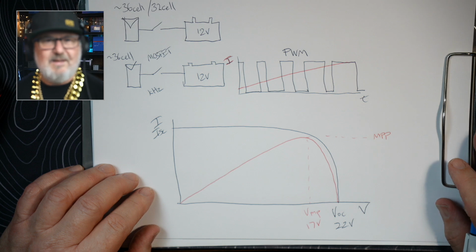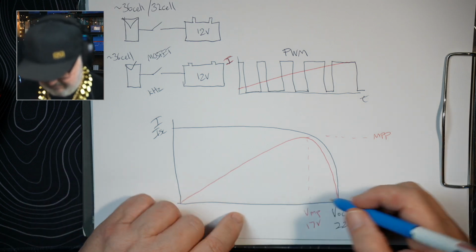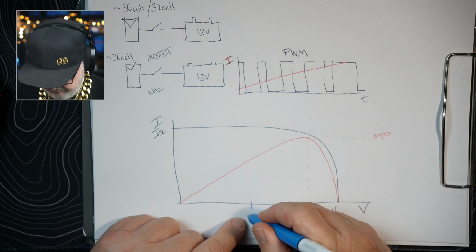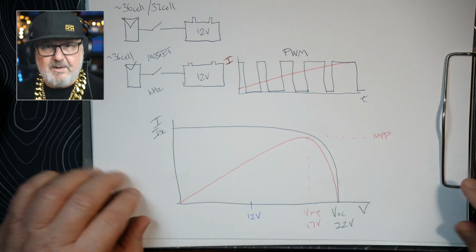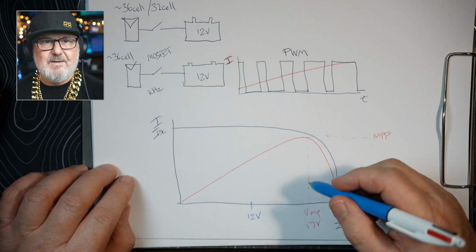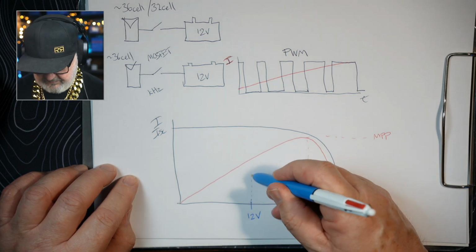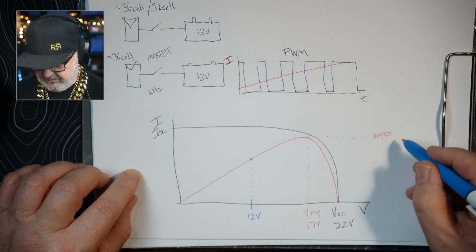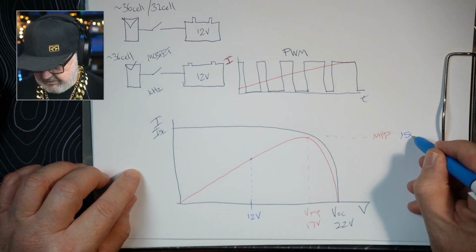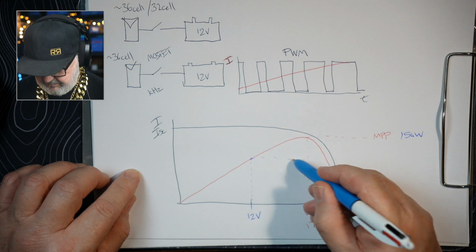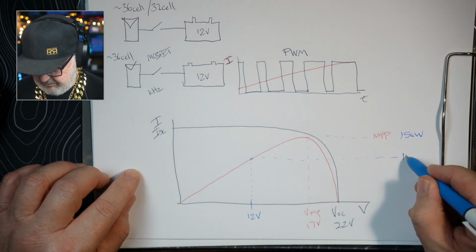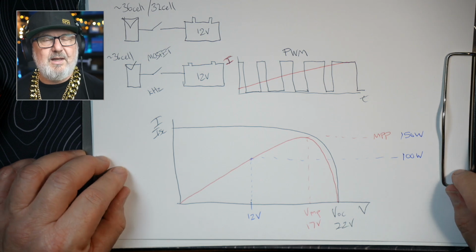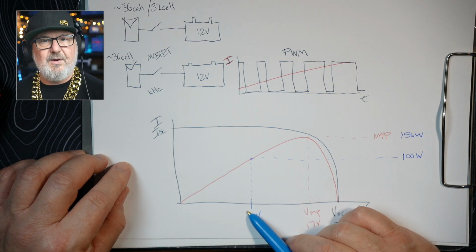It's basically trying to clamp the voltage to its voltage. So we'll put 12 volts here. So there's my 12-volt battery, which means that I'm effectively operating at this point here on the power curve. So instead of putting out, let's say it's 150 watts, if I run this across here, it might only be 100 watts. So my 150 watt panel's only putting out 100 watts when the battery's at 12 volts.